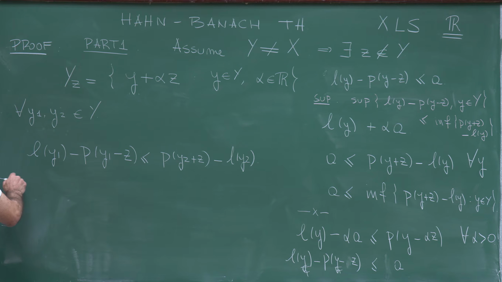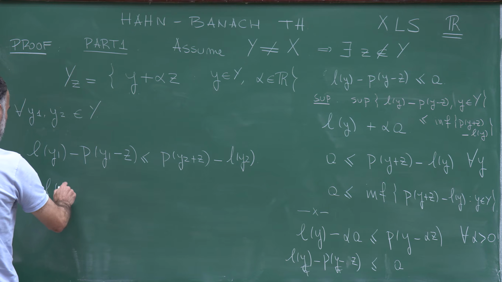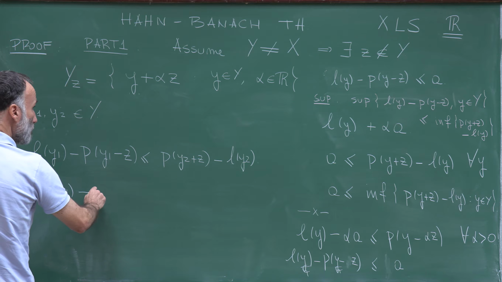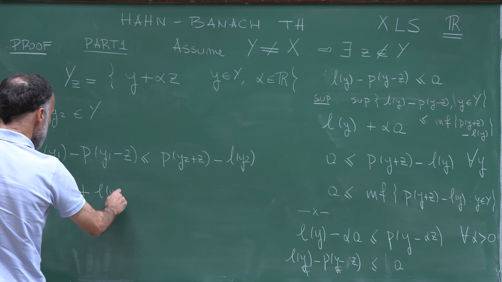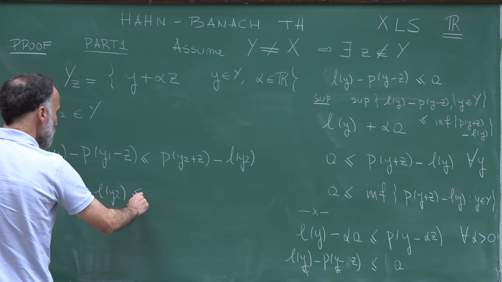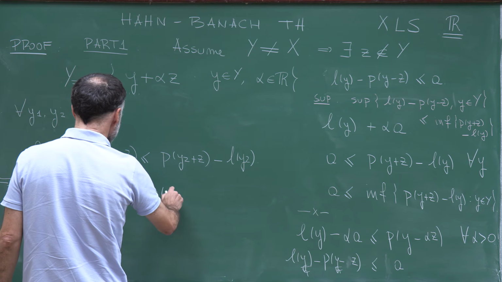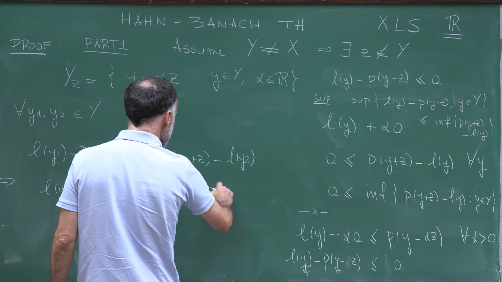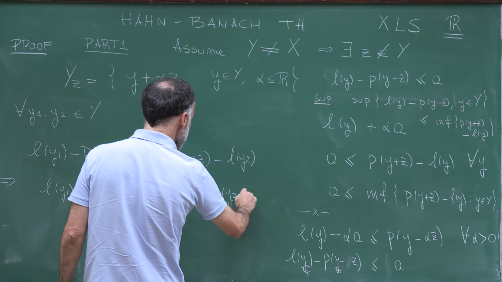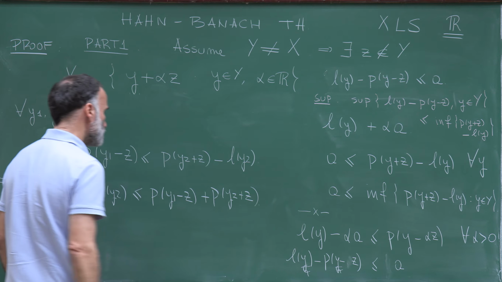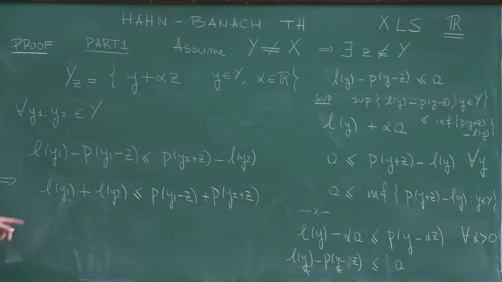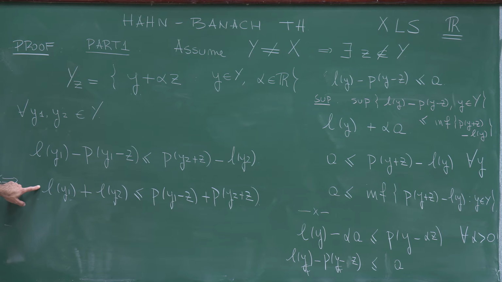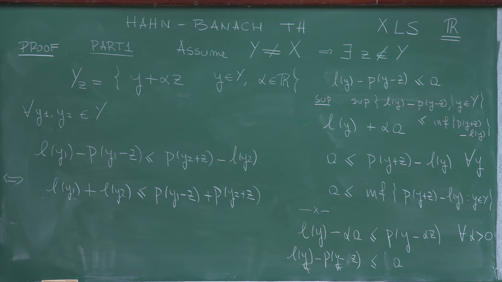But this holds if and only if L of y1 plus L of y2 is smaller than p of y1 minus z plus p of y2 plus z. So let's prove this inequality. We have to prove this inequality for all y1, y2.